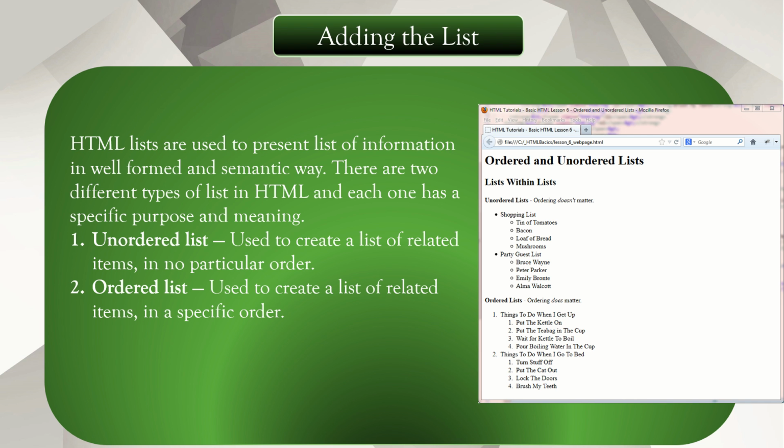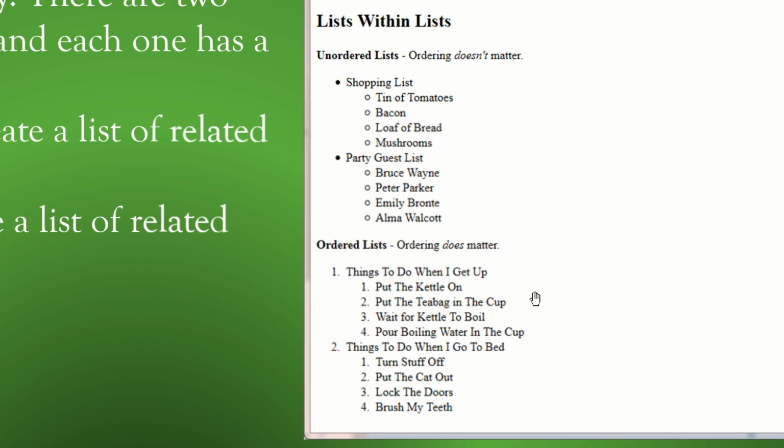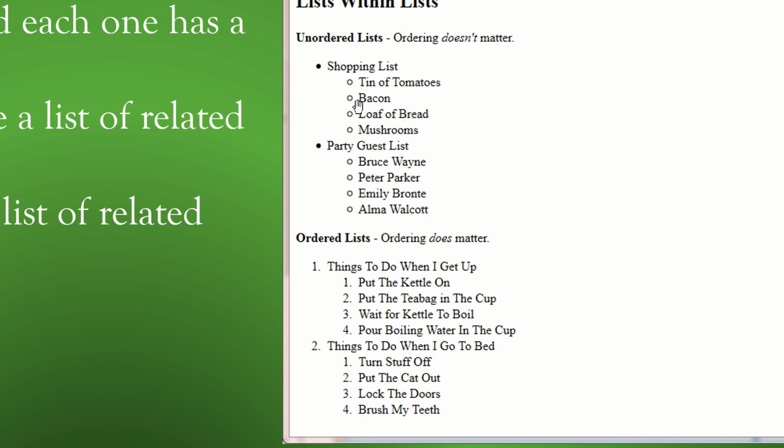If you just want to make bullets, we will go for the unordered list. Got it? This is one of the examples we have. See, this is your ordered list where we have used numbers, and this is your unordered list where we have used bullets. Got it?